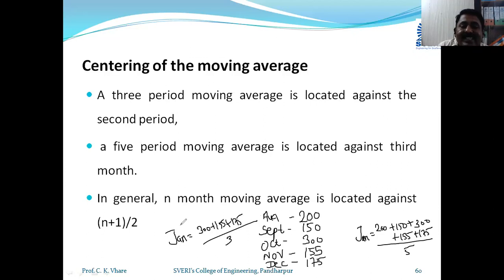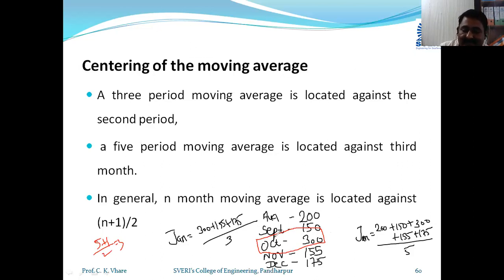And where is the center located as far as these months are concerned? If you take the 5 months, n plus 1 by 2, 5 plus 1, 6 by 2 is equal to 3. In this case, the center will be located at October.